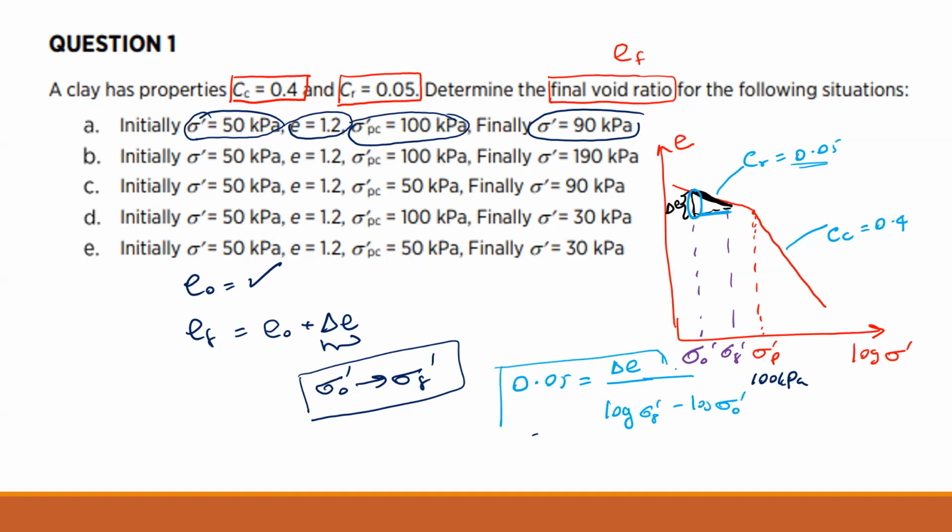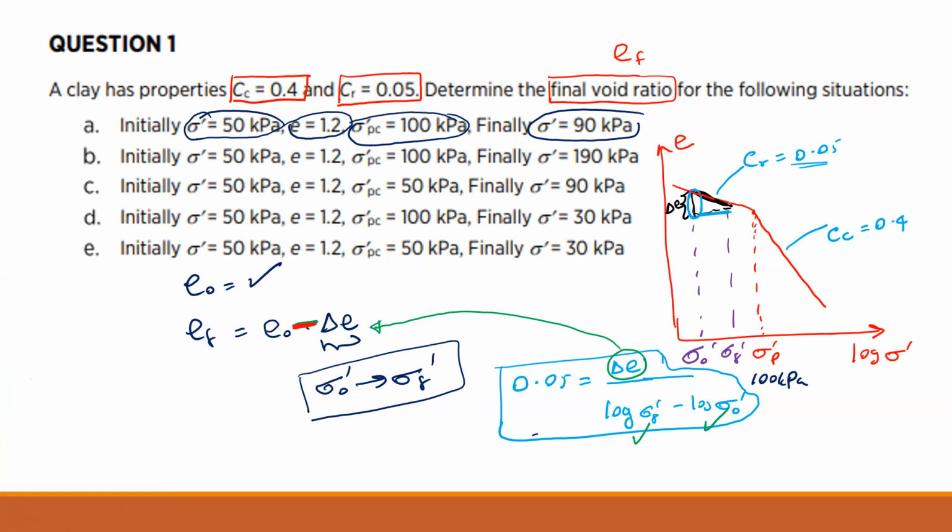Have I done it right? Do you agree with me? So in this equation, you know this one, you know this one, you only don't know this. So you can find delta E, and when you find the delta E, and if you put this one here, actually this is minus because void ratio is decreasing, isn't it?